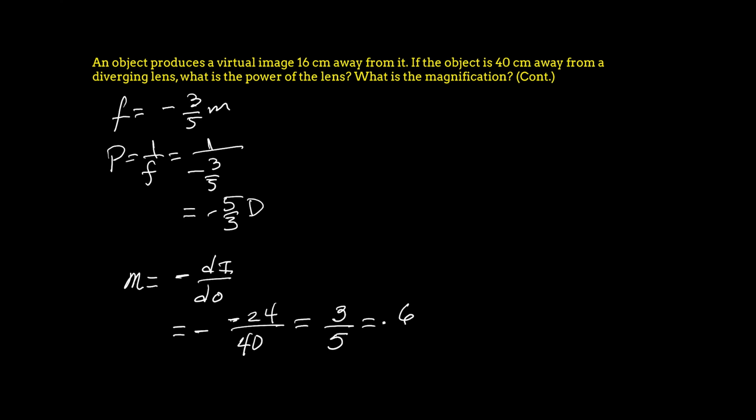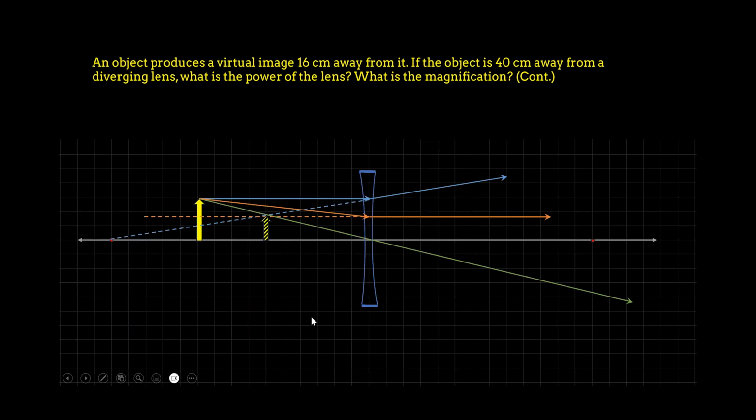Okay. So let's see if ray tracing will confirm this. So here's my ray tracing. Each of these is 5, so I put the focal point at 60, and have a 3 unit object. Let's see where the image lands.